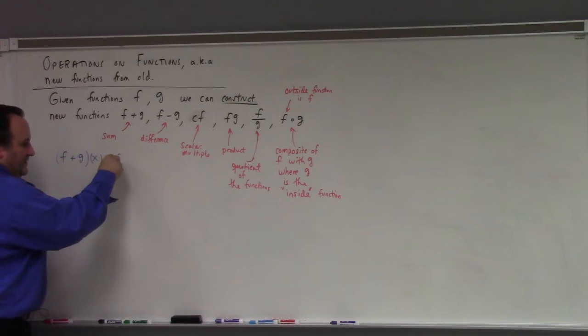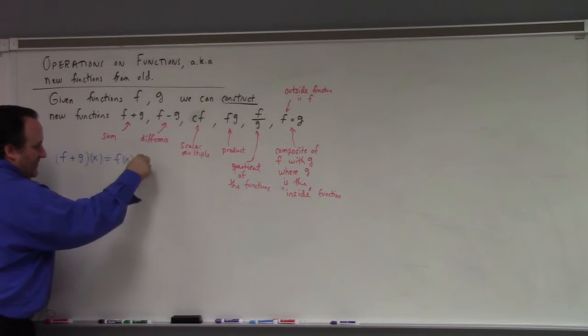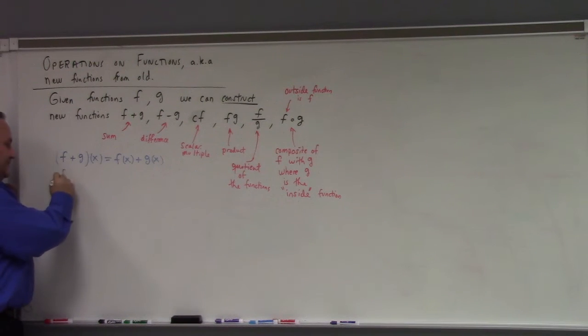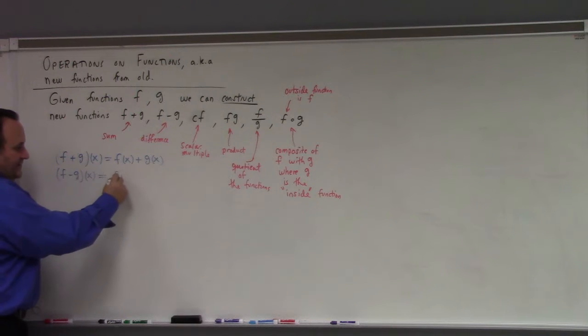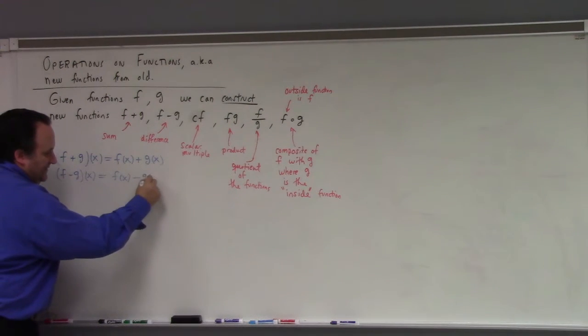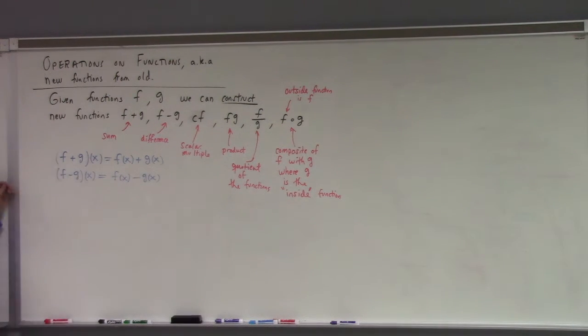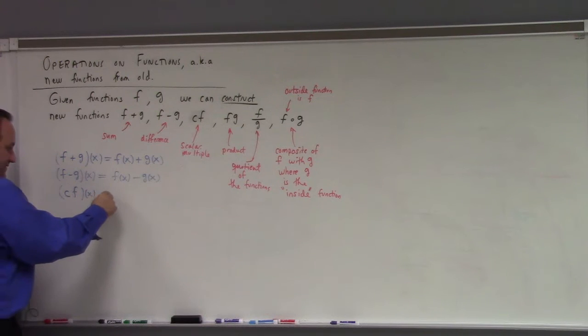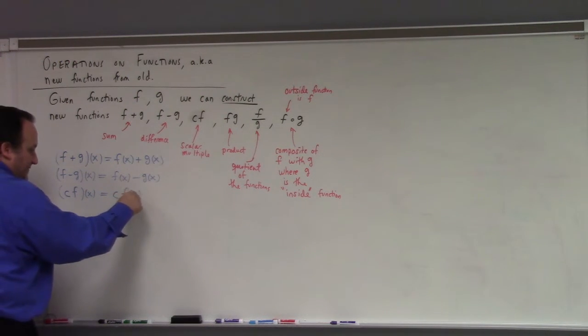Well, it's just f of x plus g of x. That's the way the new function f plus g works. f minus g of x, guess what? f of x minus g of x. Nothing too surprising so far, right? A constant times a function: it's just the constant times the function's value at x.